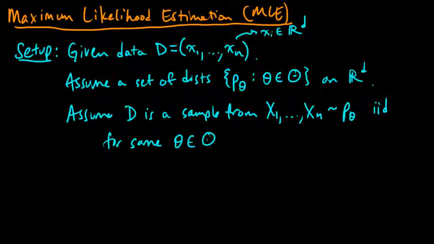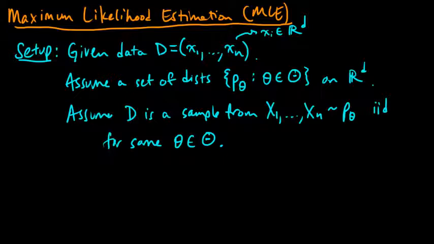So we assume that there's some theta in capital Theta such that all these points that we observe are a random draw from random variables distributed according to that distribution.